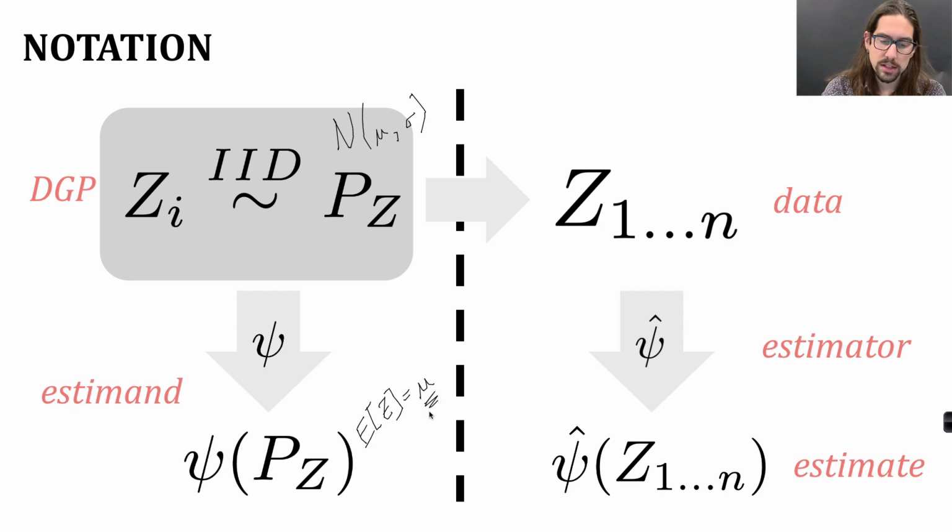So the thing I'm trying to estimate is this mu number, and whatever estimate I get of it, I'm going to call mu hat. So when you see the hat over something, it generally just means this is my guess of whatever thing is being hatted, and that thing is defined in reference to the population.